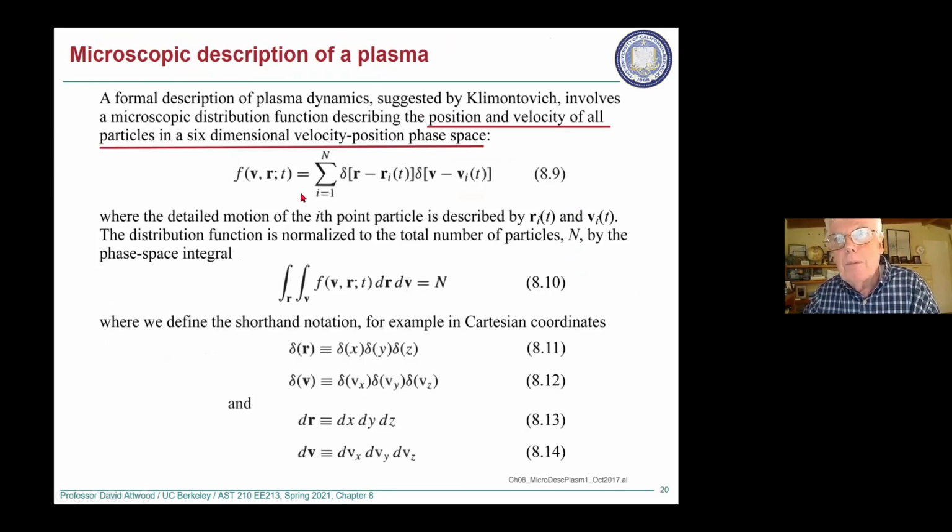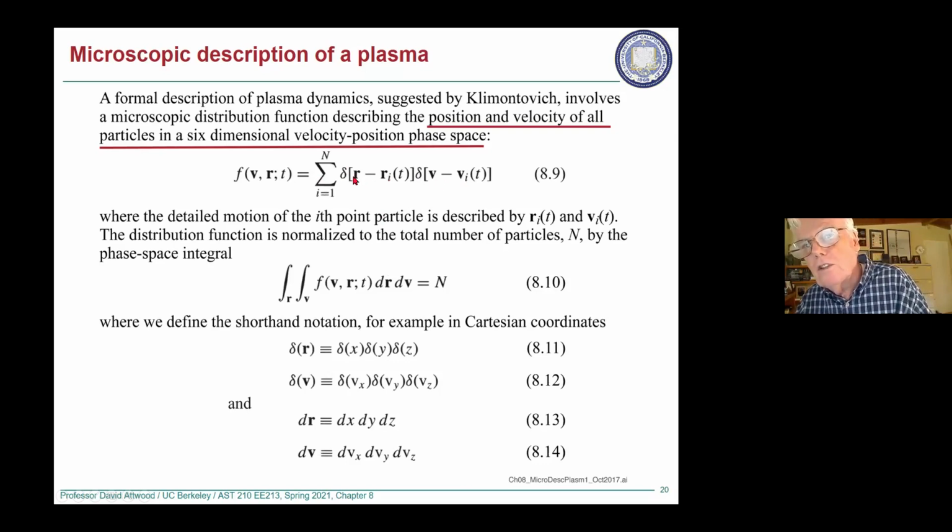So the microscopic description is a stochastic function of velocity, space, and time, and it's six-dimensional: velocity, space, plus a time dependence, okay? And we write it, since the particles are so small, in terms of delta functions for each particle i, summed over all the particles, as a product of delta functions in velocity space and in configuration space.